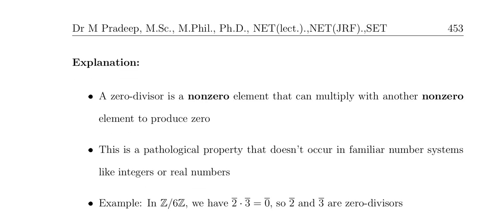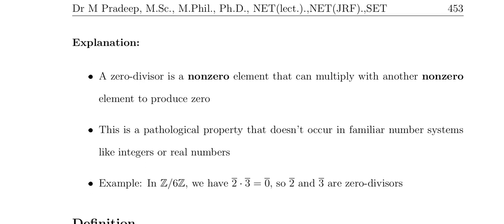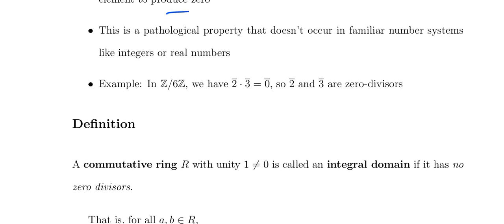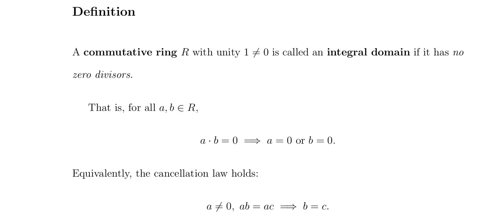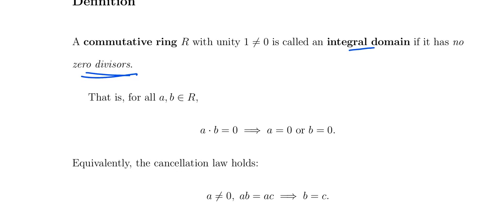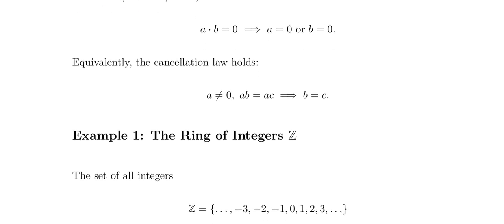A zero divisor is a non-zero element that can multiply with another non-zero element to give 0, and Z6 is an example we already discussed. A commutative ring with unity that has no zero divisor is called an integral domain.